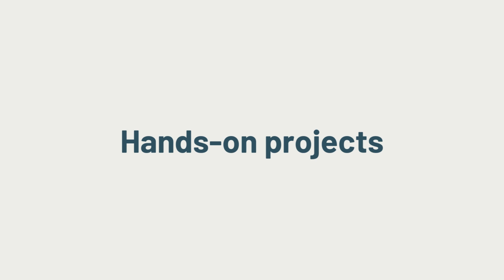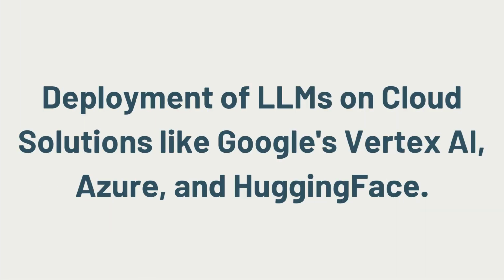Once we have built a project, the next step would be to deploy it. So the next topic is the deployment of LLMs on cloud solutions like Google's Vertex AI, Azure, and Hugging Face. The thing is, nothing gets real until it is deployed in production. You can start deploying small projects to cloud providers such as Google Cloud, AWS, and Azure.